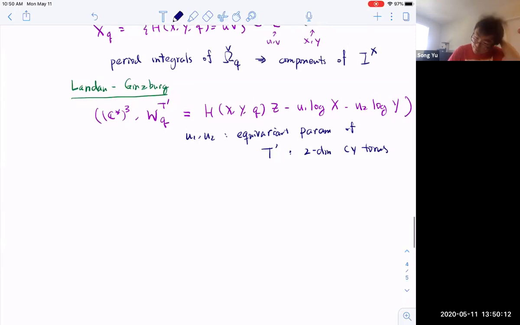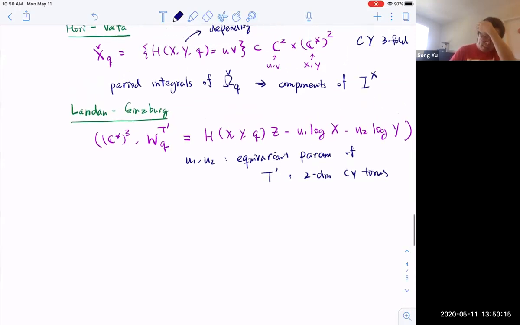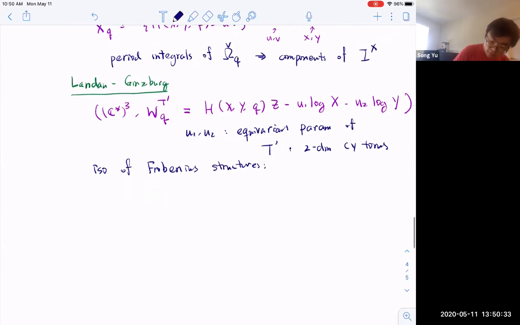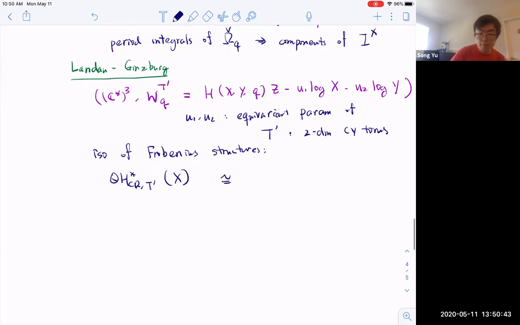In this setup, the mirror symmetry is seen in an isomorphism of Frobenius structures. On the A model side, we have the quantum cohomology of X, let's say T prime equivariant, which comes with a small quantum product and the orbifold equivariant Poincare pairing.